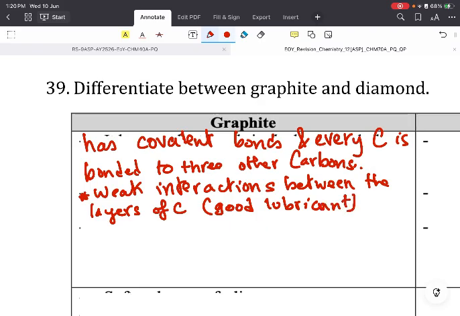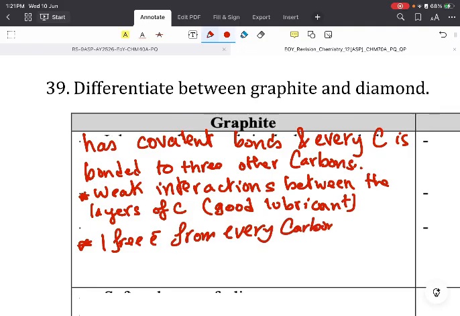Another thing, there is 1 free electron from every carbon floating between the layers, or you can call them the sheets, making graphite a good conductor of electricity.